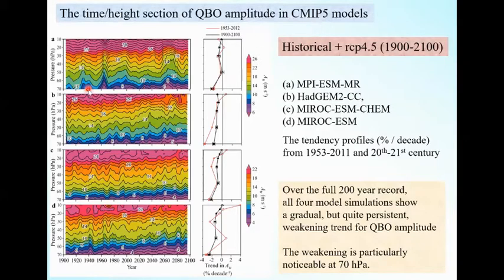So I collected 4 models which simulated the QBO and calculated the QBO amplitude changes for 200 years. You can see that all models projected weaker amplitude of the QBO, especially in the lowermost stratosphere.